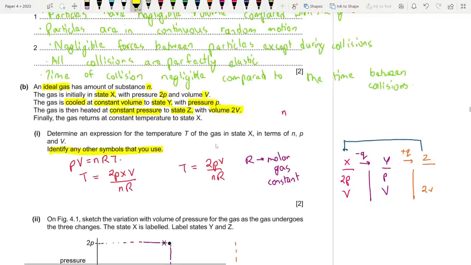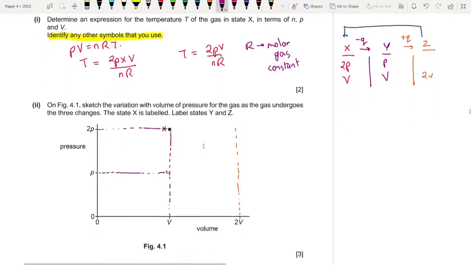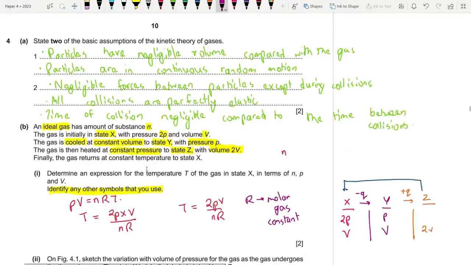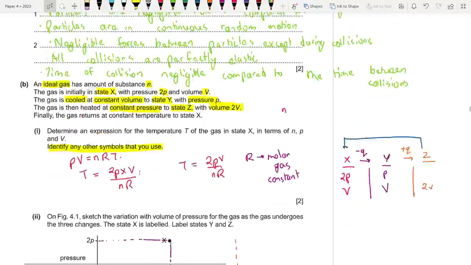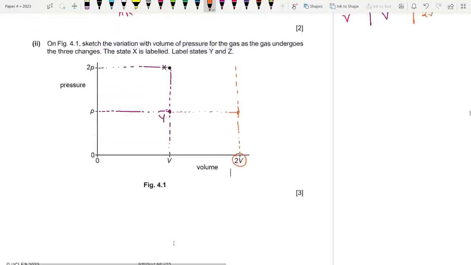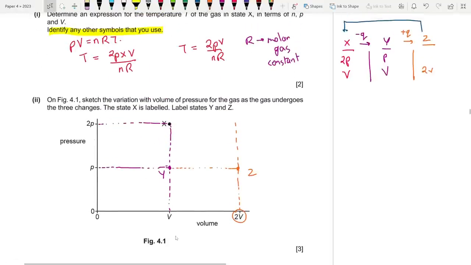It is cooled at constant volume, where volume is constant but pressure drops to P. So this is state Y. And then what happens? We know that it is heated at constant pressure. So the pressure will remain constant at P, but the volume increases to 2V now, and that is state Z.